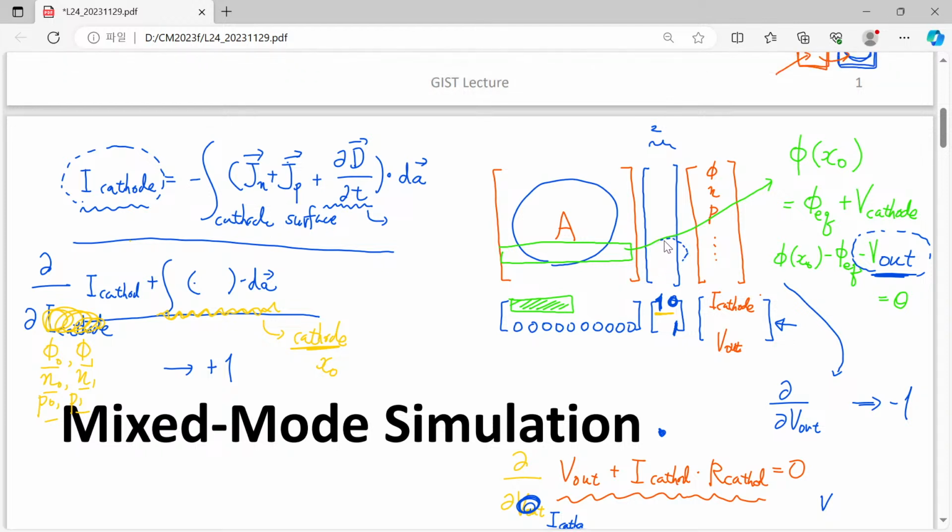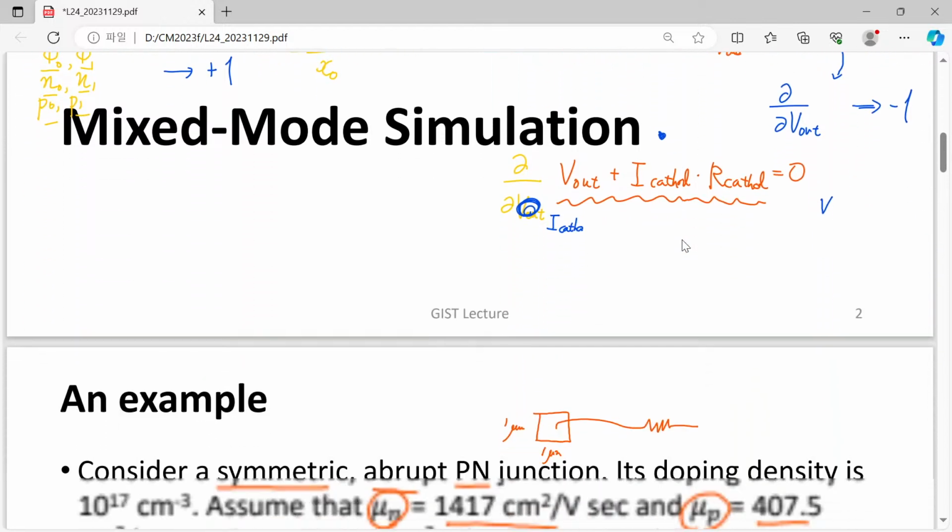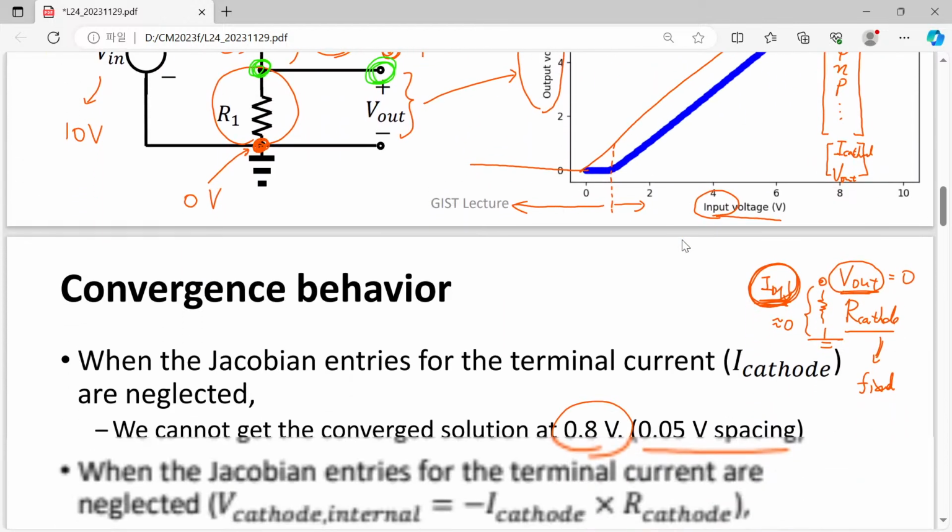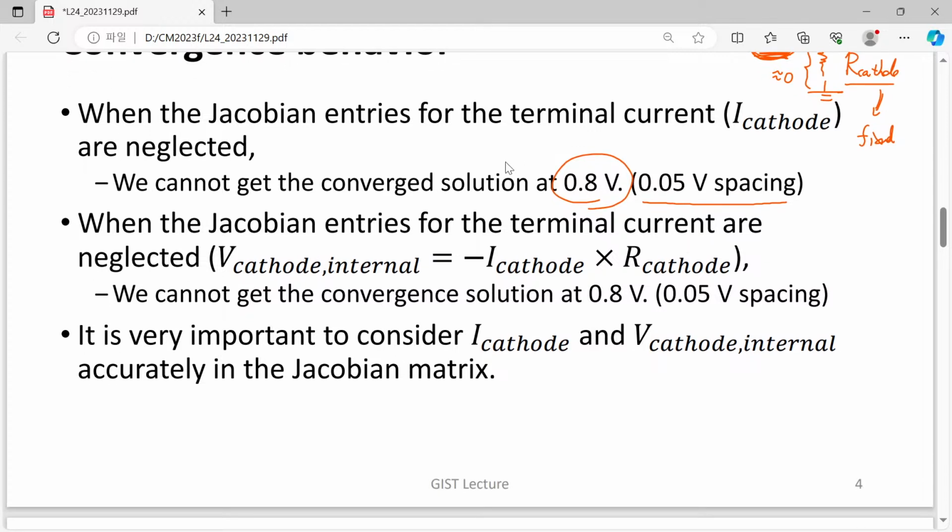Now our internal physical quantities do not understand that when V out is changed, their internal boundary condition should be changed. Now my Jacobian matrix does not understand that one. Then what will happen? Once again, simply speaking, I just neglect the one like this.